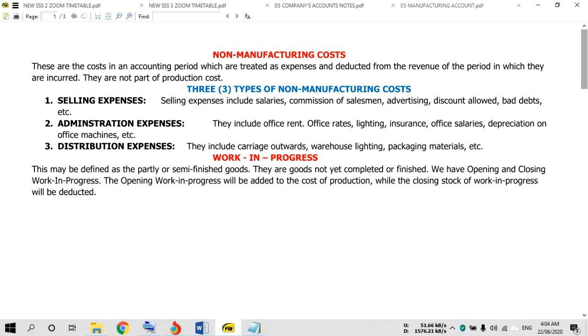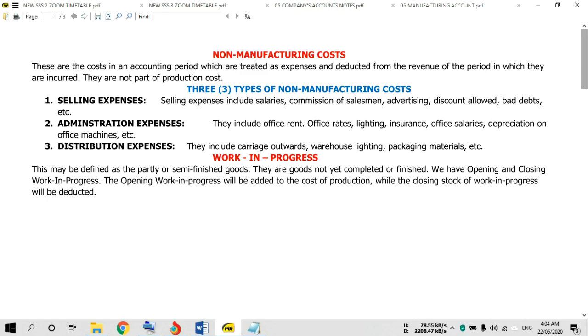So these three costs are to be added together to make up your prime cost of production.